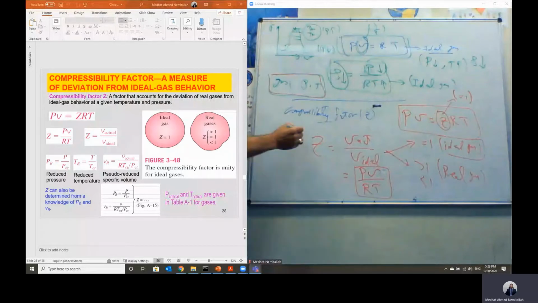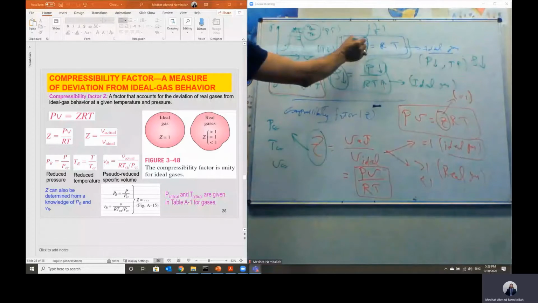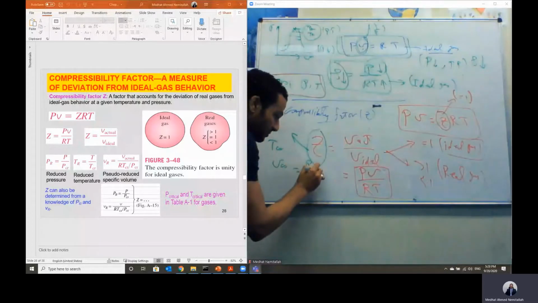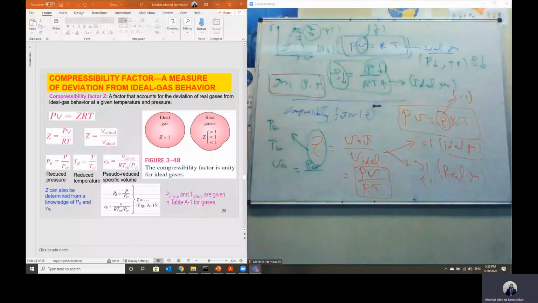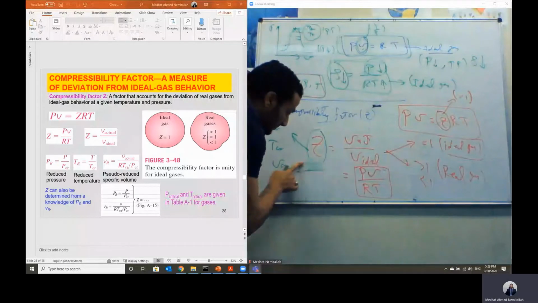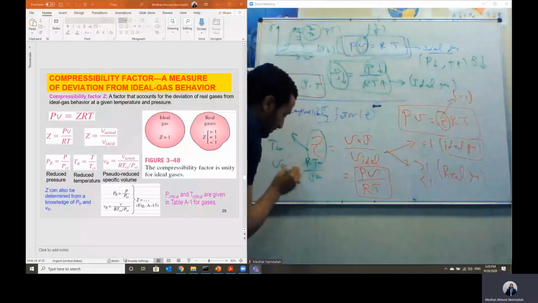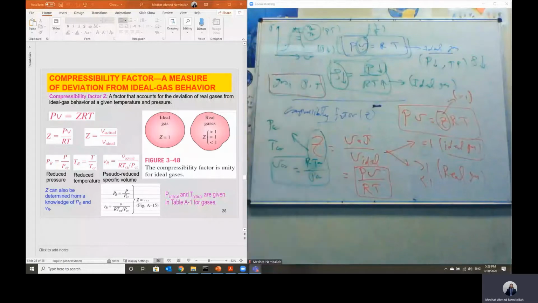That means this compressibility factor Z should be function of what? Should be function of the critical pressure, should be function also of the critical temperature, and should be function of the critical specific volume in this case. V critical, based on this equation, we have V critical is equal to R T critical divided by the critical pressure, which is P critical.